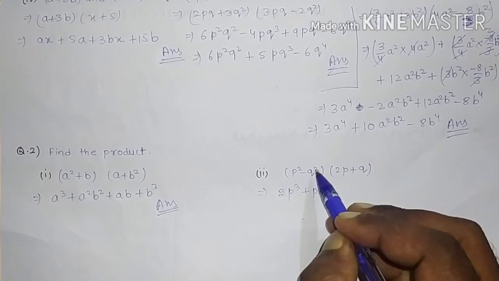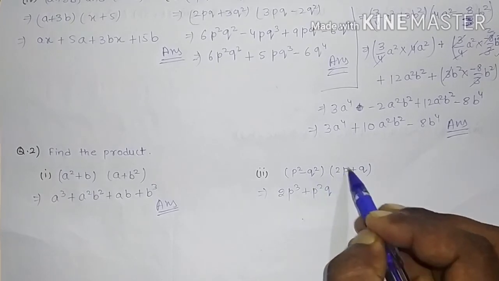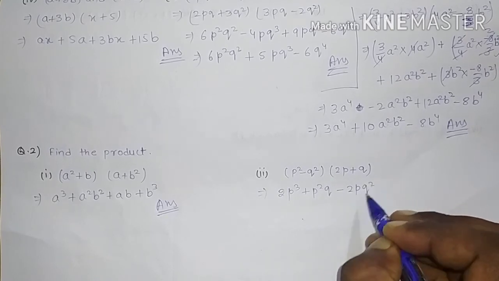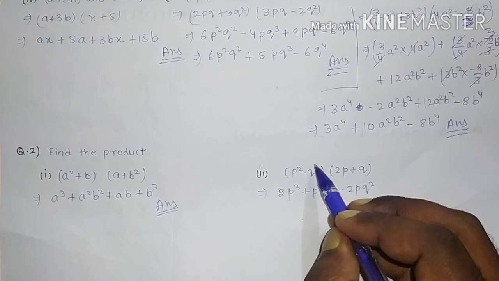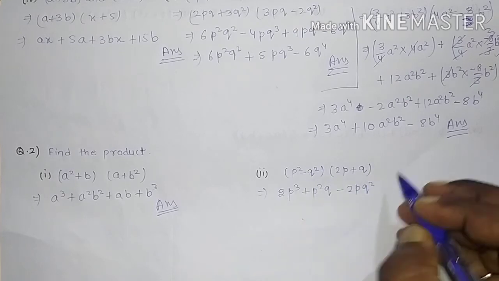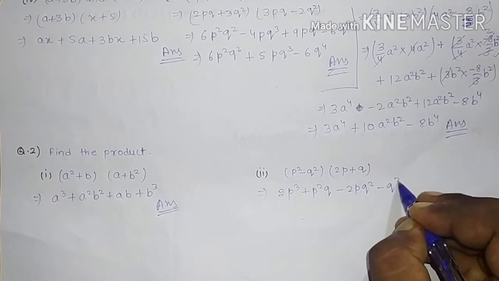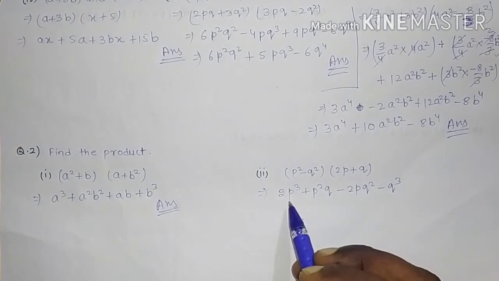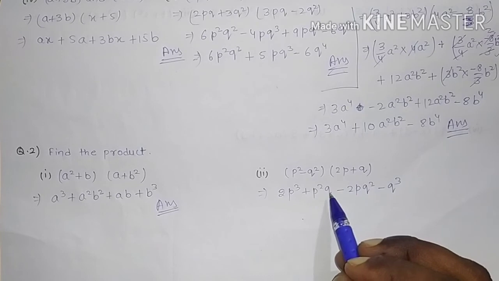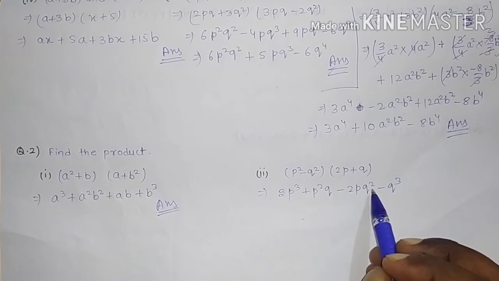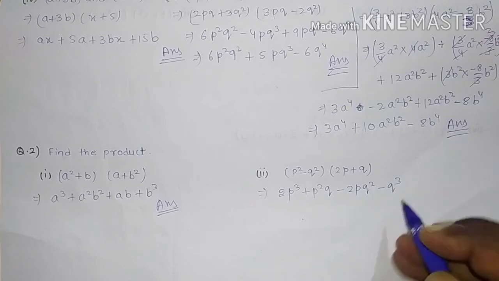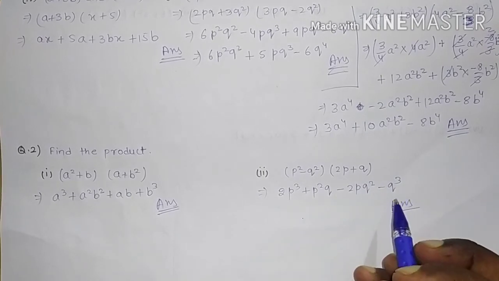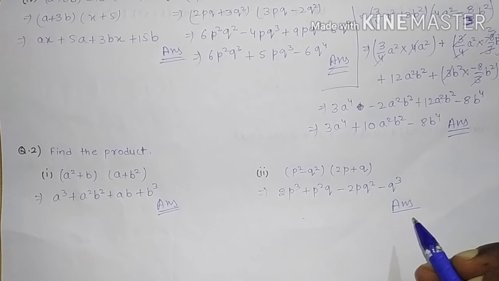Now minus q² is multiplied into 2p, so it will be minus 2pq². Now minus q² is multiplied into q, so it will be minus q³. So 2p³ plus p²q minus 2pq² minus q³. This is the answer. There are no other like terms.